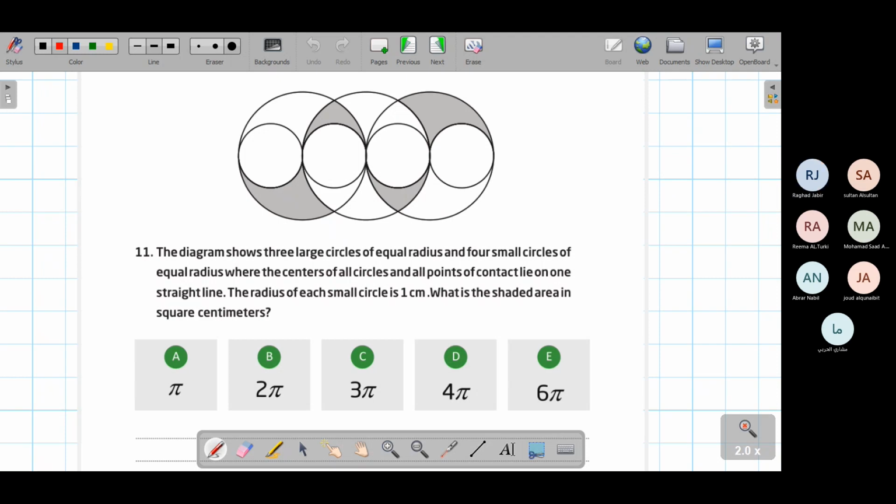So three large circles and four small circles with equal radius. I know only that the radius for the small circle is equal to what, Ragad? 1 centimeter. Okay.